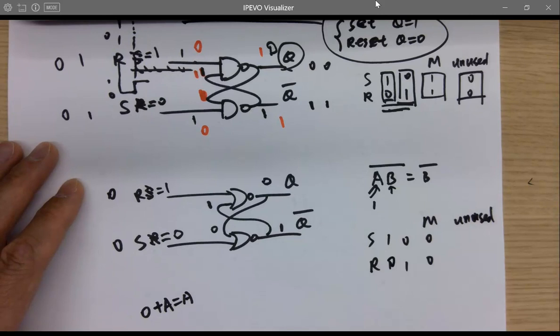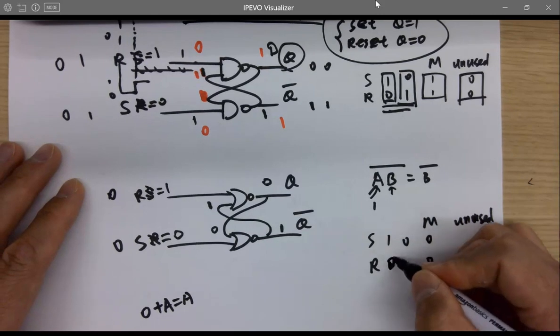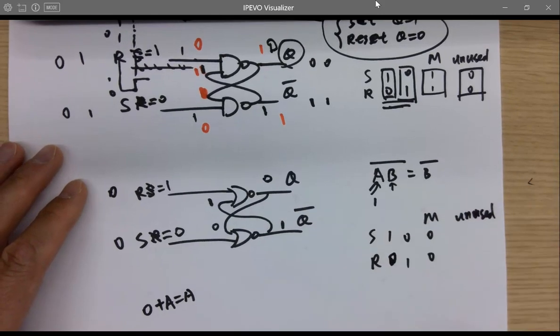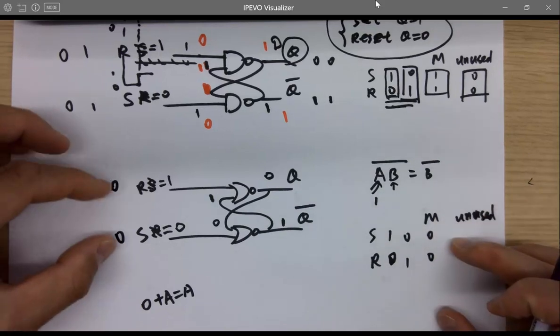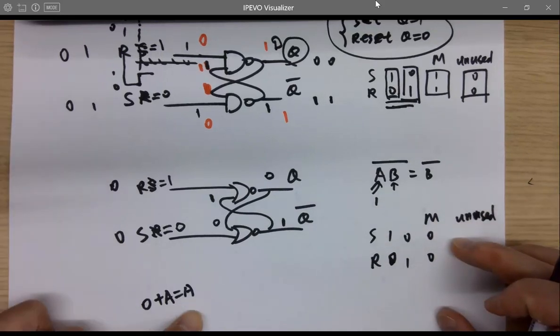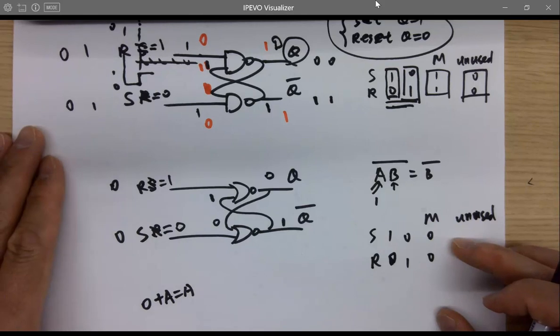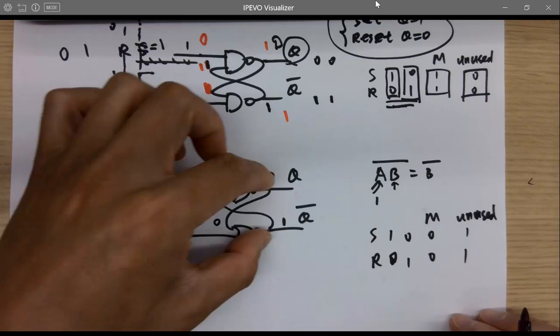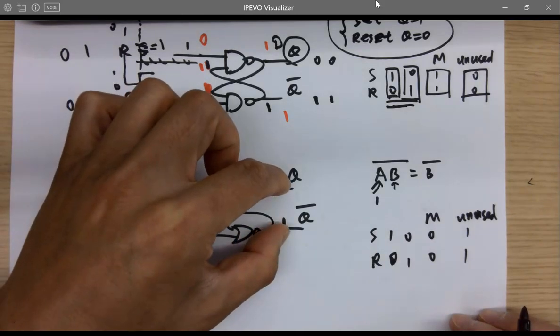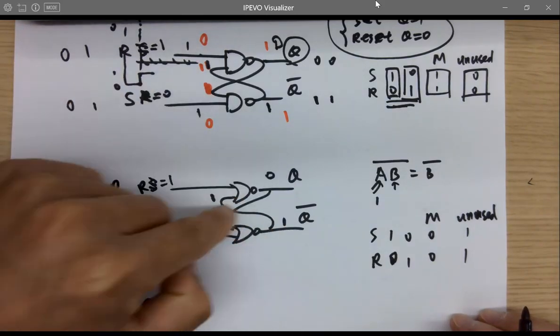Okay, so we got a 0, 0 for the memory state for SNR because 0 is not affecting the result of the OR gate. Yeah, 1 will put 2 zeros over here, no matter what the previous signal was.